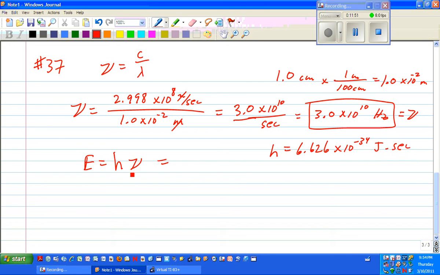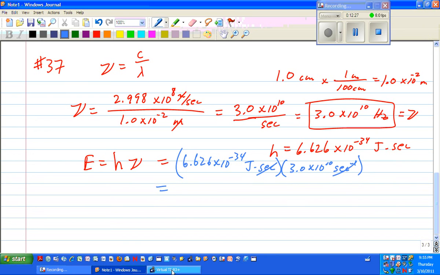So all I would do is take 6.626 times 10 to the minus 34th joule seconds times 3.0 times 10 to the 10th hertz, which is seconds to the minus 1, so it would be in the denominator. These cancel, and I'm left with joules.